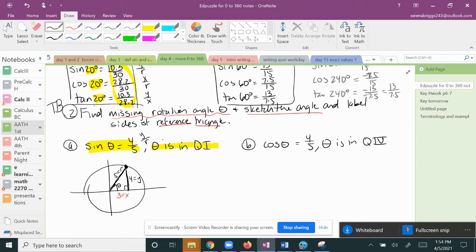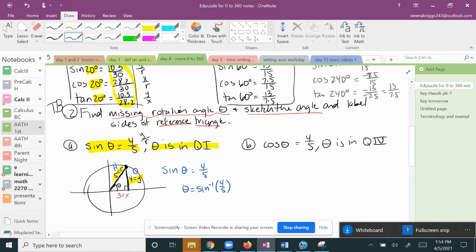Now the only thing to do is to find the missing rotation angle. Since what I was given was the 5 and the 4, and this is opposite the angle, and this is the hypotenuse, I'm going to use the sine of theta is equal to 4 over 5 to solve for theta. Theta is the inverse sine of 4 over 5.